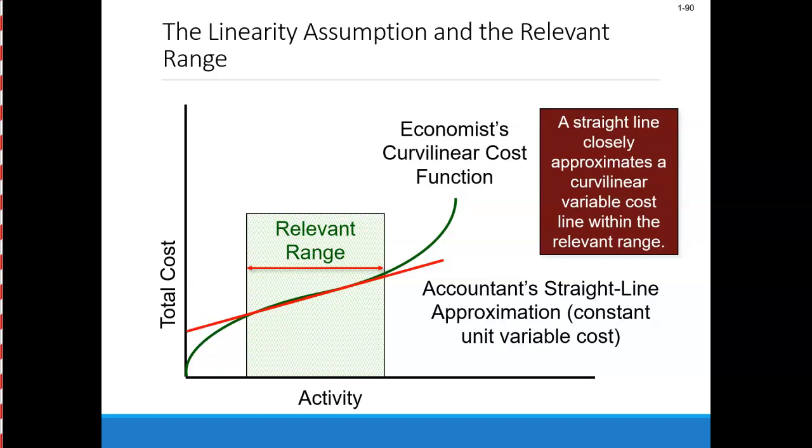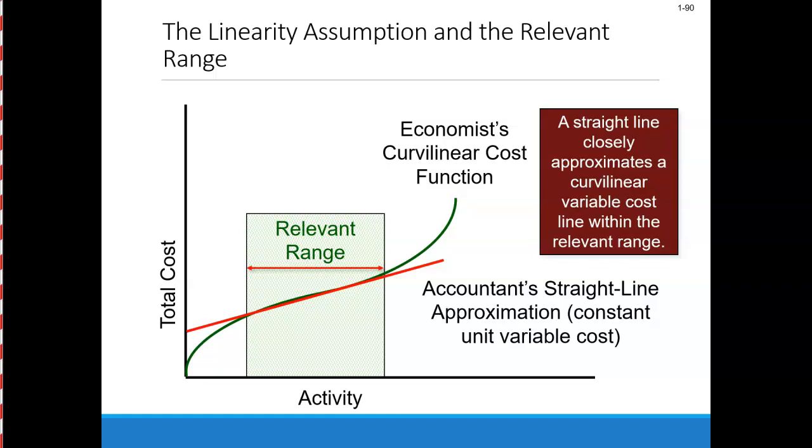Well, as long as we stick within the relevant range of what we anticipate to utilize as far as square footage and number of students, we can stay within a relevant range and keep that cost the same.